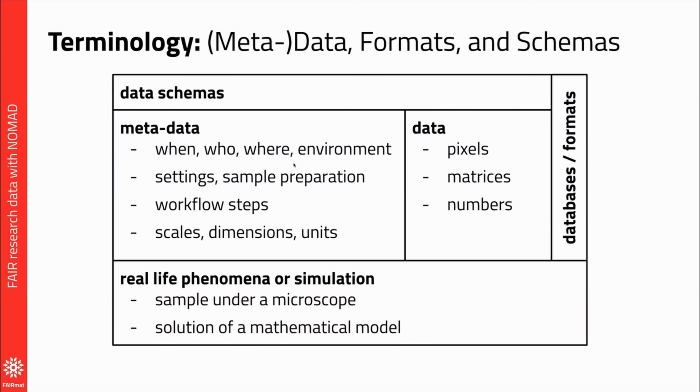And then everything that is about the data, like how the picture was taken, who took it, in which environment, what sample was under the microscope, we usually consider metadata. And for all data, no matter metadata or data, we can define schemas. We can say this data has this and that shape, it uses this and that unit, and it's organized in a certain way. So this is what schemas are doing.